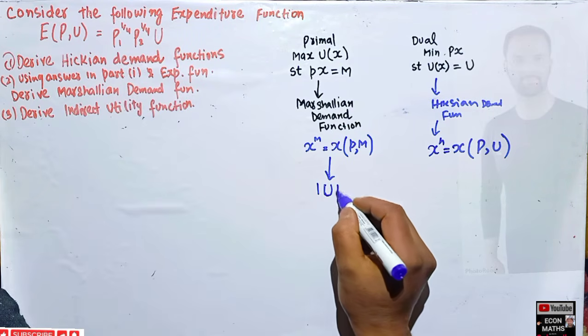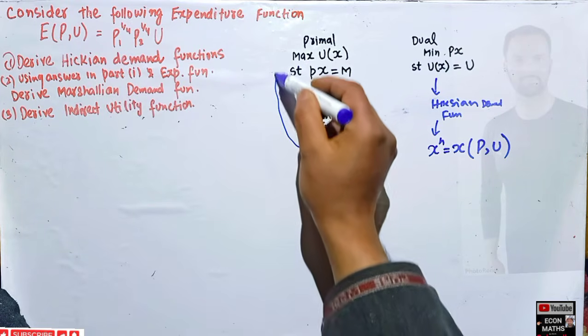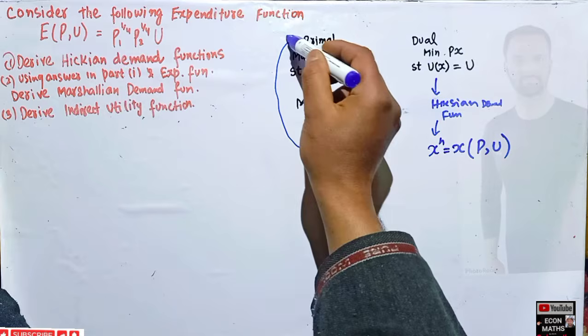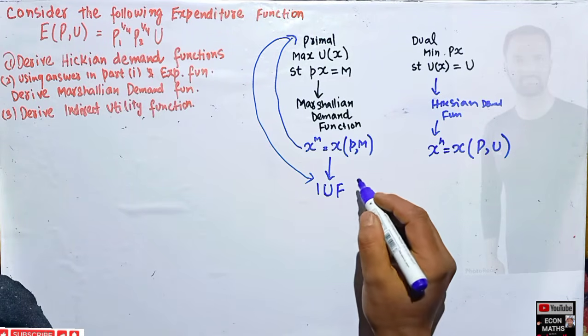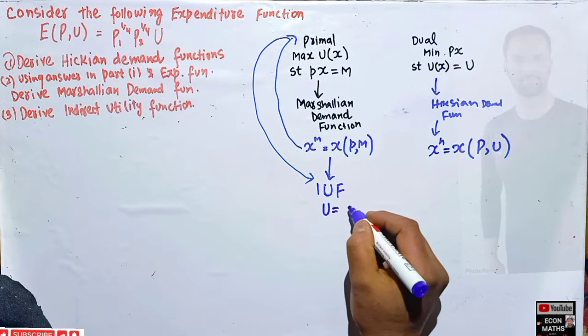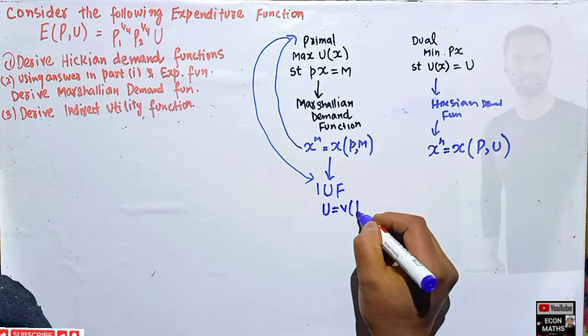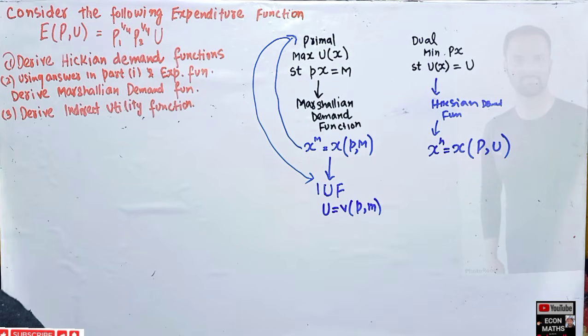This indirect utility function can be written as u, a function of price and income.